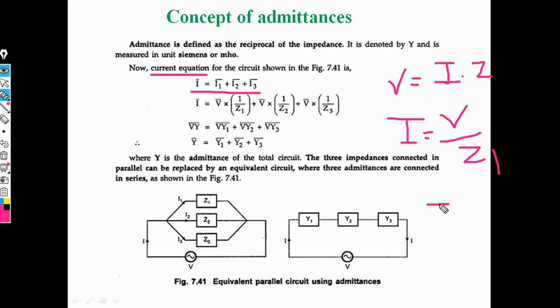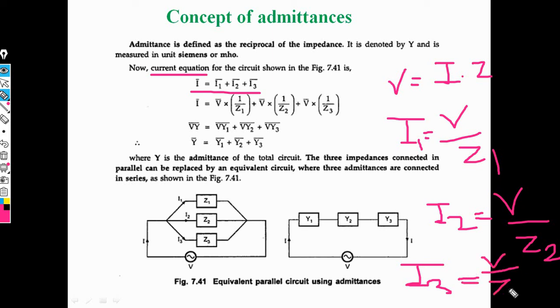Current I2 is equal to V by Z2. Then current I3 is equal to V by Z3. That is, I is equal to V into 1 upon Z1 plus V into 1 upon Z2 plus V into 1 upon Z3.